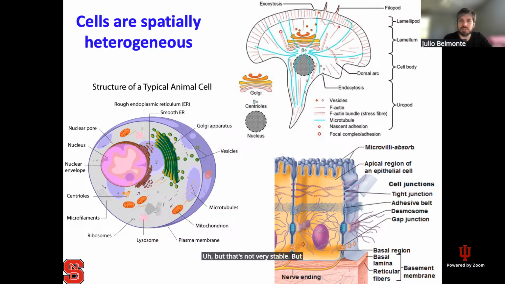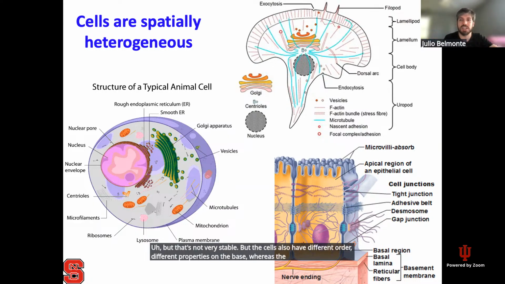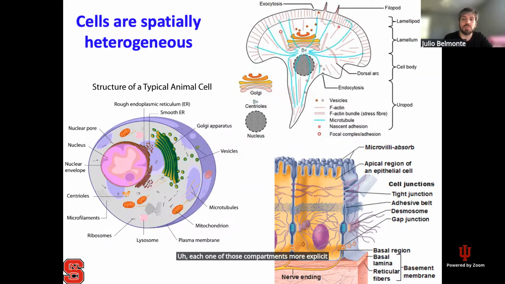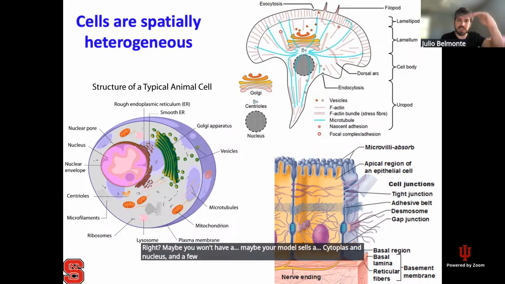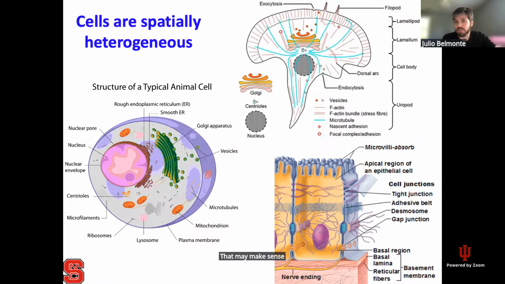The cells also have other different properties on the basal versus the apical side and the lateral sides of the cell. So you probably also want to model each one of those compartments more explicitly. Maybe you model your cell as a cytoplasm, a nucleus, and a thin membrane composed of three parts: the apical membrane, the basal membrane, and the lateral membrane. That may make sense for some applications.